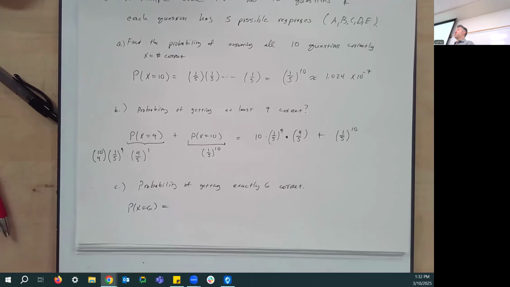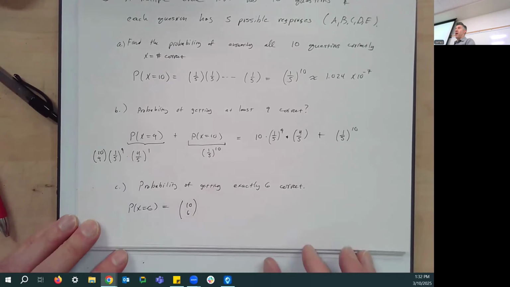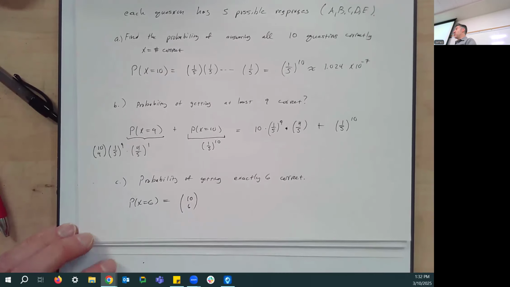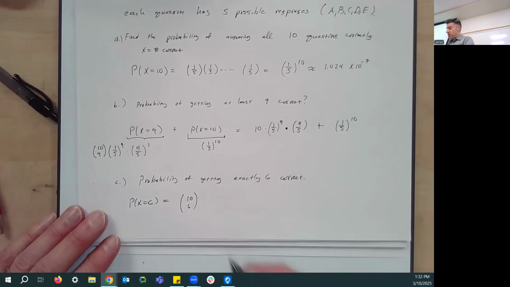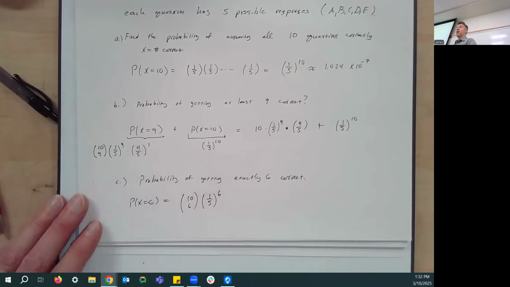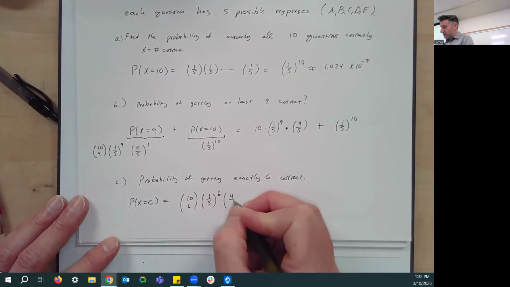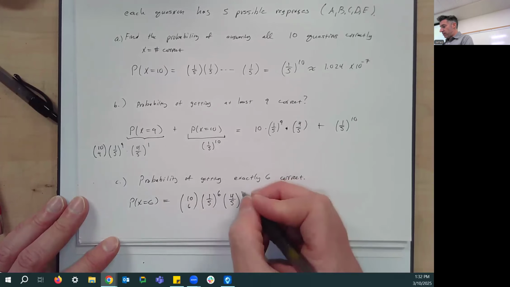There's the number of ways you can pick the 6 you're going to get correct, which is 10 choose 6. And then there's the probability of getting those 6 specific questions right, which is 1/5 raised to the 6th power. And then you have to also get the other 4 wrong. The probability of getting it wrong is 4/5, and the number of wrong ones is 4.